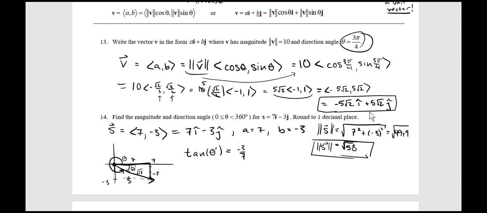That means theta prime is tan inverse of this. So let's see, I haven't computed this. Let's see what I get when I do tan inverse of negative 3 over 7. I get negative 23.2 roughly.